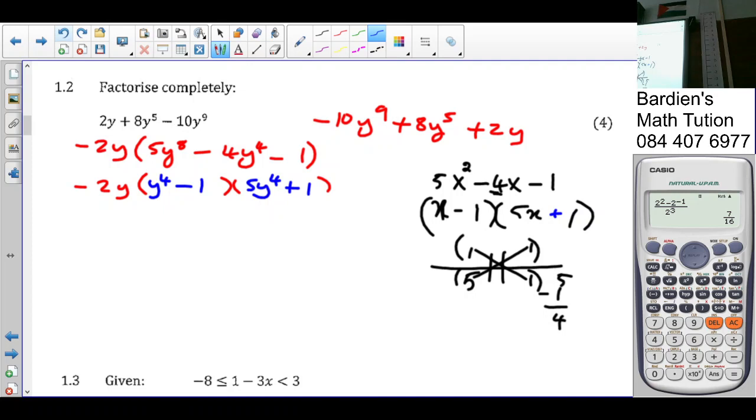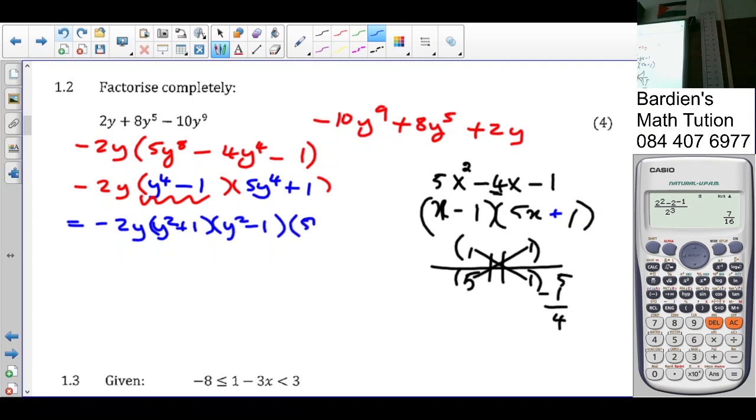What do you see now? Difference of 2 squares. So it will be negative 2y, y squared plus 1, y squared minus 1.